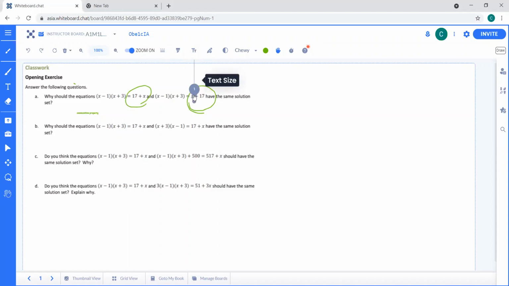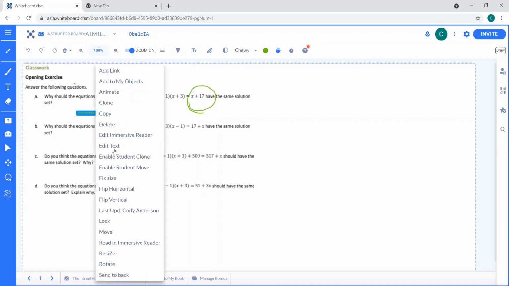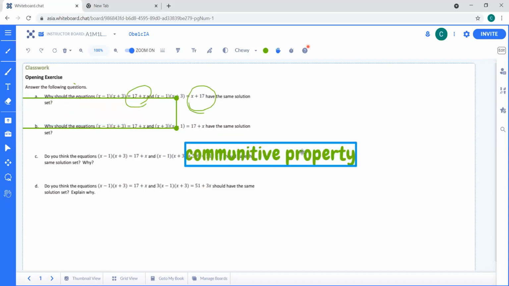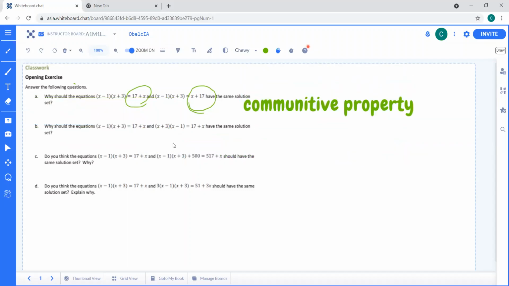If I can make it a little bit bigger, maybe on this next one here. All right, so that's the reason why that one is it. Now let's look at the second one. Why should the equation, all right, so it's the same equation.